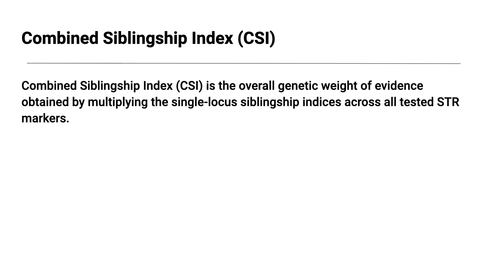A very large value strongly supports the sibling hypothesis. A value near 1 indicates inconclusive evidence, and a very small value supports the unrelated hypothesis. So courts consider this value alongside other evidence such as family testimony, documents, and other biological tests.